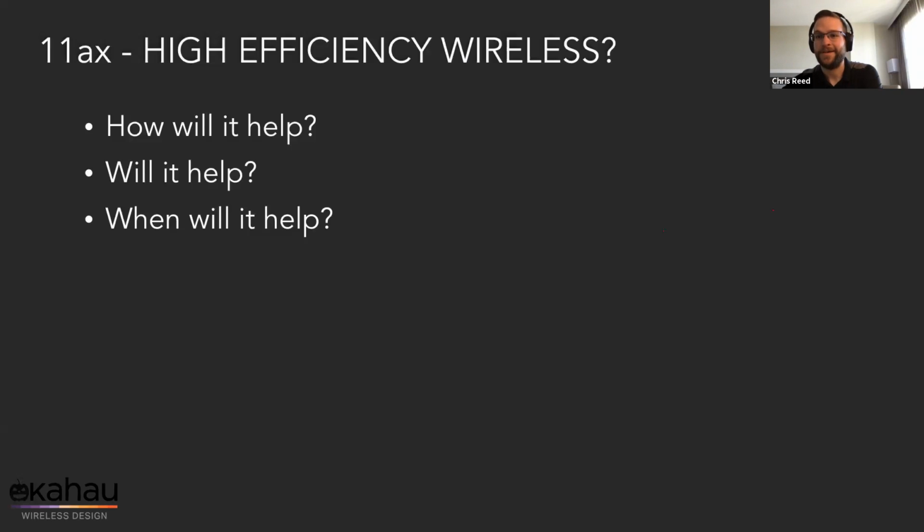With a brand new product and a brand new version of code, how stable is it going to be for the venue to be able to use it and have it work reliably? I think those issues will probably be resolved well before we have a reasonable number of AX clients, because you need that like 30 or 50% penetration of AX clients to really see benefits from it, right? So when are we going to realistically see that?